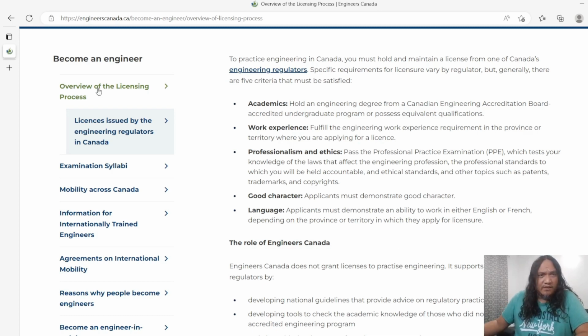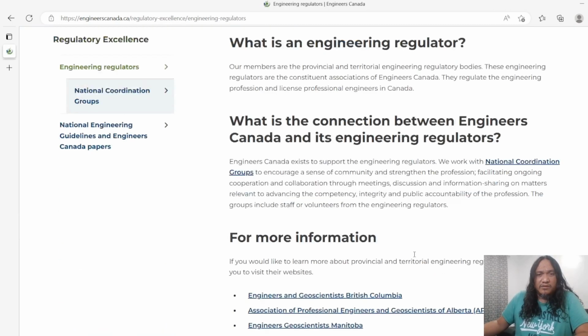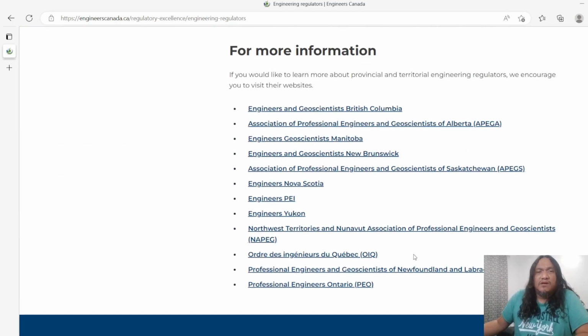So going back to the different engineering regulators. If you are coming from other countries and move to one of these provinces: British Columbia, Alberta, Manitoba, Saskatchewan, Prince Edward Island, Nova Scotia, Quebec, Newfoundland and Labrador, and the three territories, Yukon, Northwest Territories, and Nunavut, you have to go to their respective association.